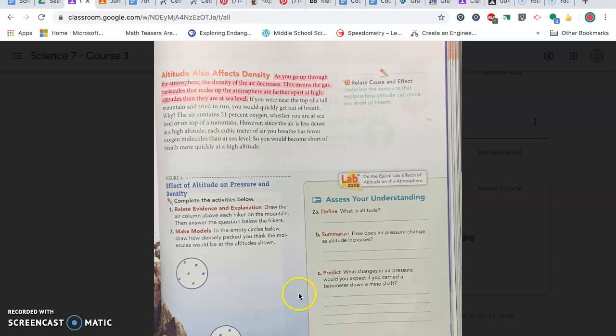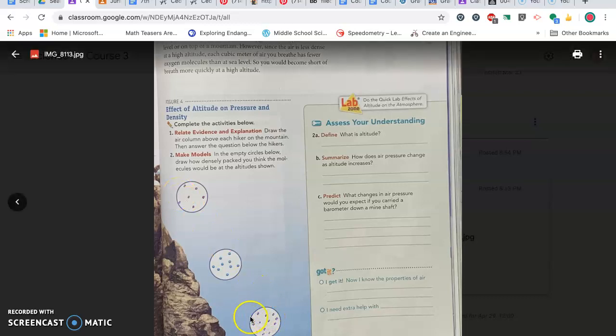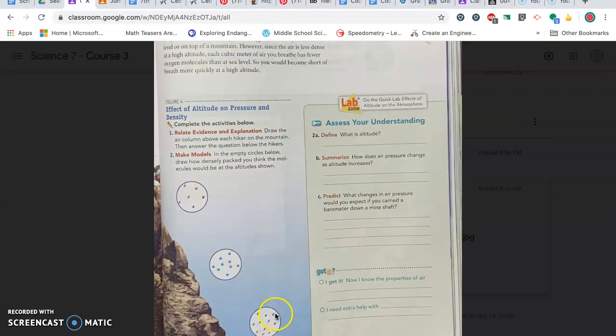And I've drawn this in for you down at the bottom, if this is the number of molecules in this sample of air at this point of the mountain, higher up, the molecules are going to be further spread apart. And closer to sea level, the molecules are going to be more compact. So you're going to have more molecules in a given area lower and fewer molecules in a given area higher.